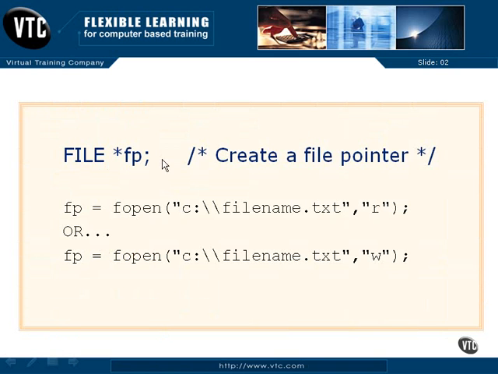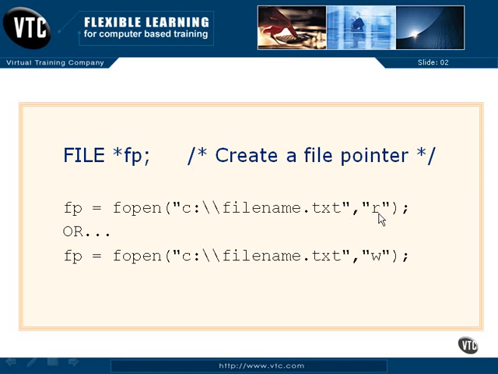Now here's how you create a file pointer in C. FILE in uppercase, that's important, little white space, star fp. So fp is going to be a variable that is a pointer of type FILE, and that creates our file pointer. Now it doesn't point to anything yet. You get it assigned by doing this: fp equals fopen. fopen, if it can find this file name, we've done it for read, so it has to already exist.